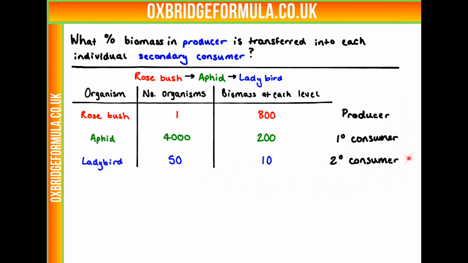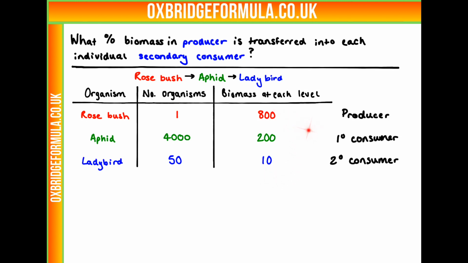So now we know our different levels of the food chain, how are we going to work out how much of the rosebush's biomass is transferred into the ladybird's biomass, each individual ladybird? Well, we should start with how much proportion of the biomass from the rosebush is in the ladybird population biomass. So to do that, what are we going to do?